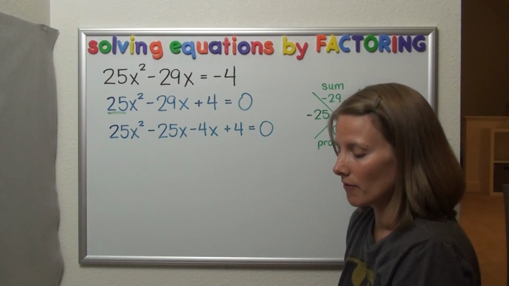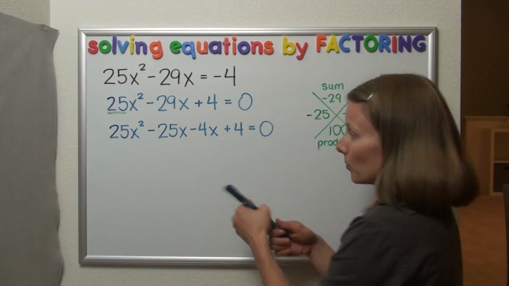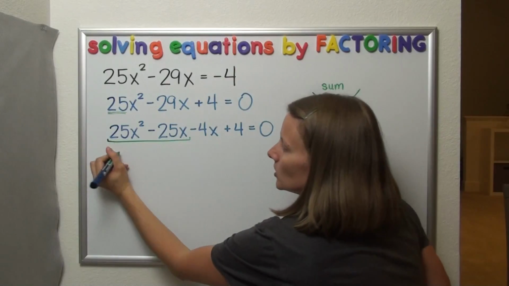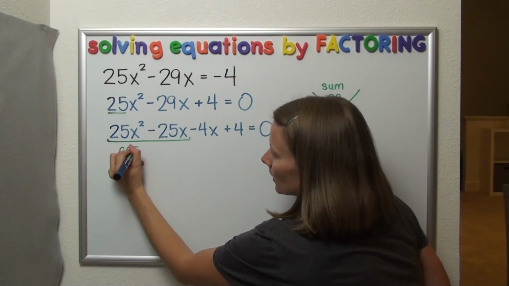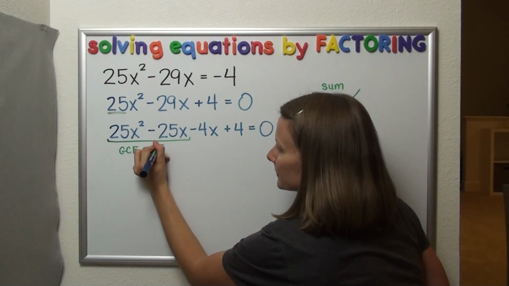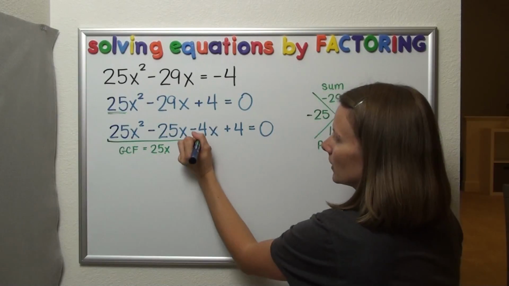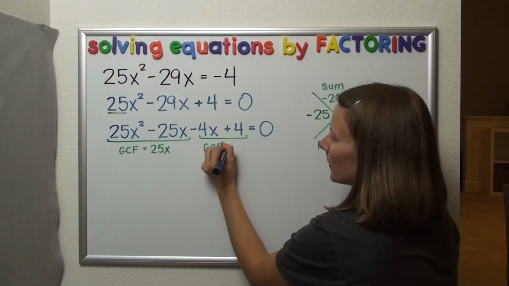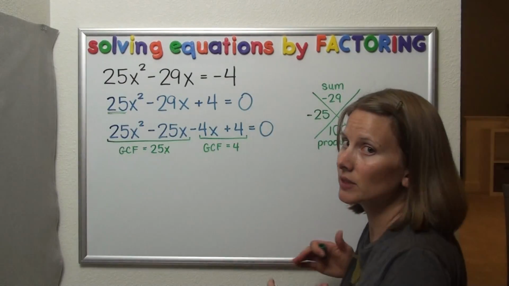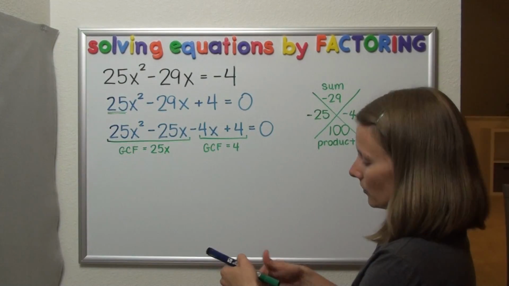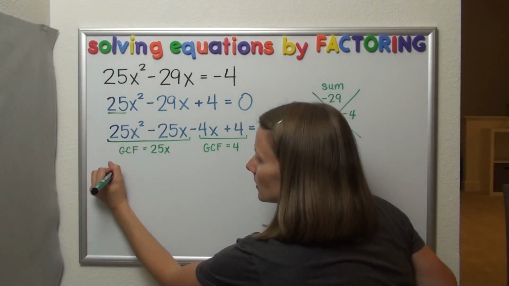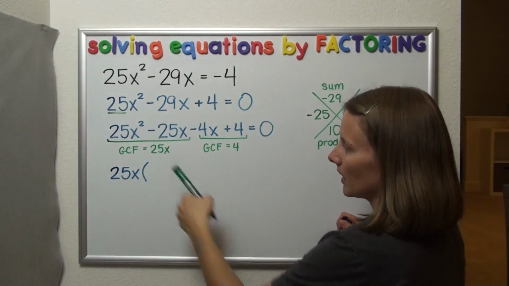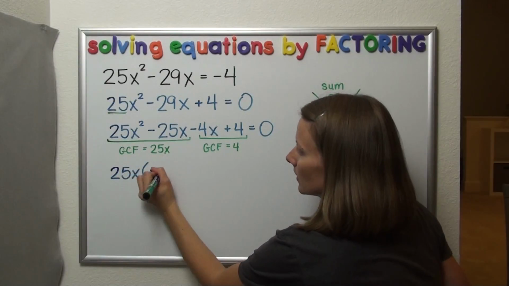And anytime you've got 4 terms, what you want to do is you want to group. So if I look at the first group, my GCF there looks like a 25x. And if I look at the second group, my GCF looks like a 4. And what we do with GCFs is we always pull them out. So for our first group, let's pull out that 25x. What'll be left is x minus 1.